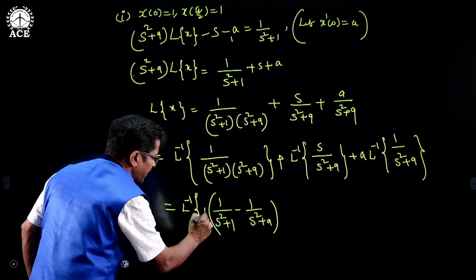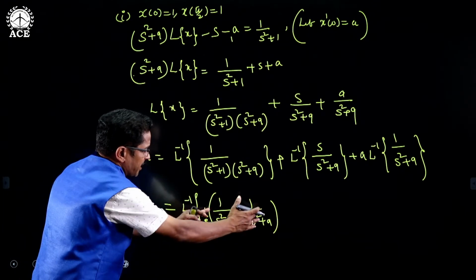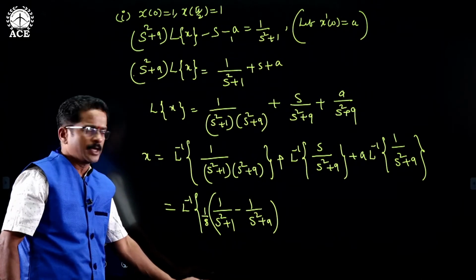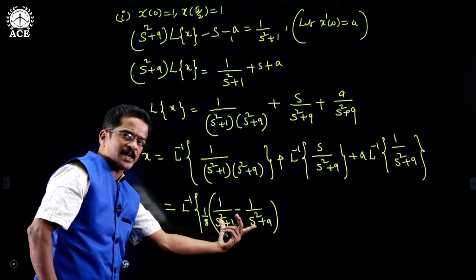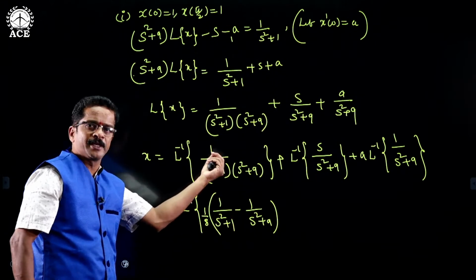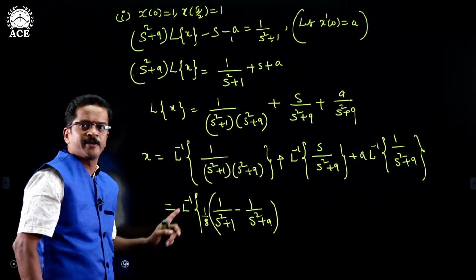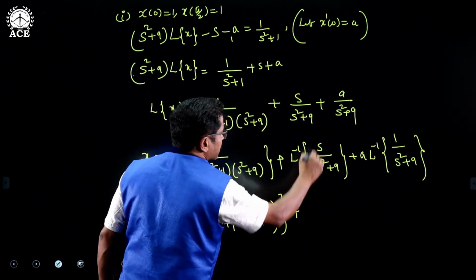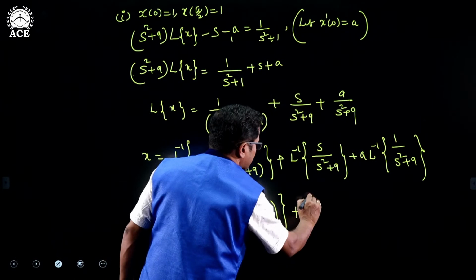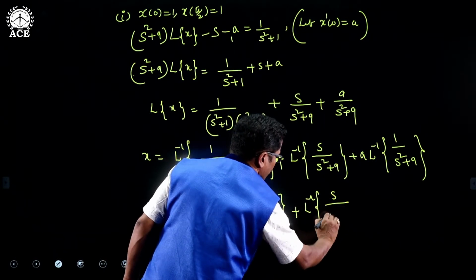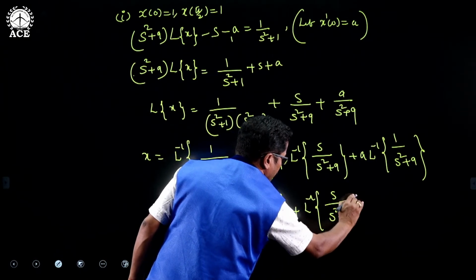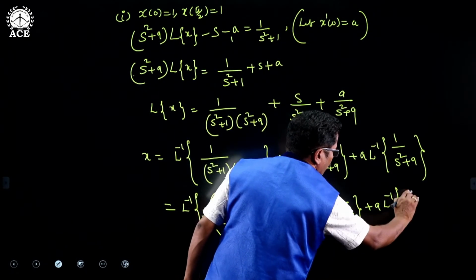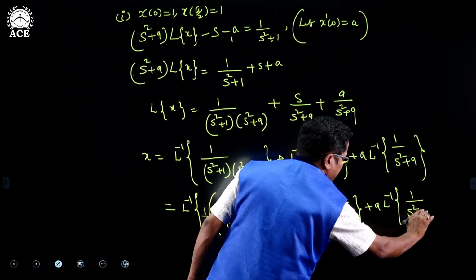So I divide by 8, because if I simplify, the numerator is going to be 8, and that gets balanced by dividing by 8. Then plus L inverse of s by (s square plus 3 square), plus a into L inverse of 1 by (s square plus 3 square).